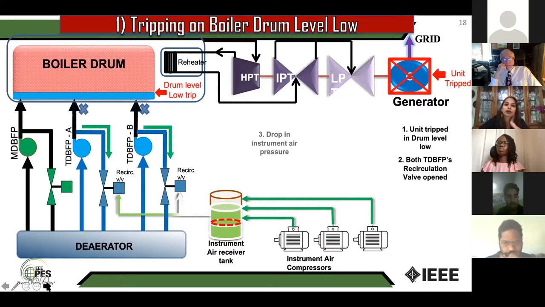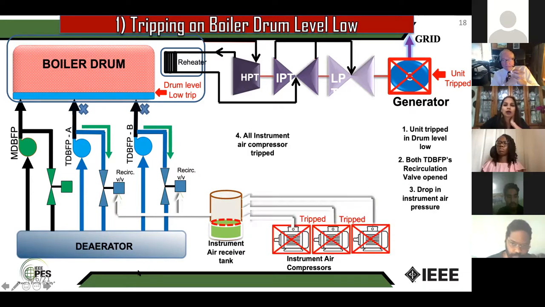It's happening because there is a pressure tank that was helping to hold the pressure of the valves to circulate the water from the deaerator to the boiler drum, and it is not working because there is not enough pressure. And why could it have failed? Oh, the compressor tripped. It can happen all the time.